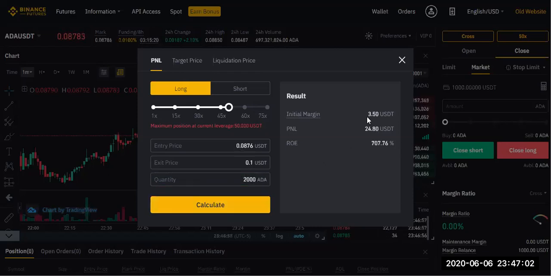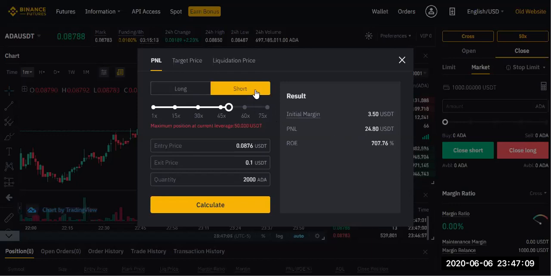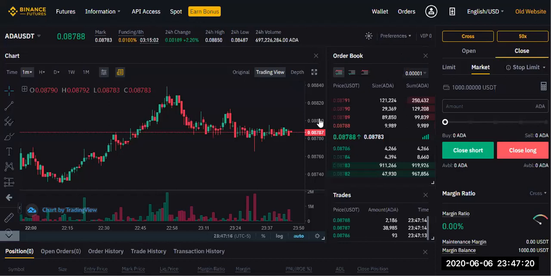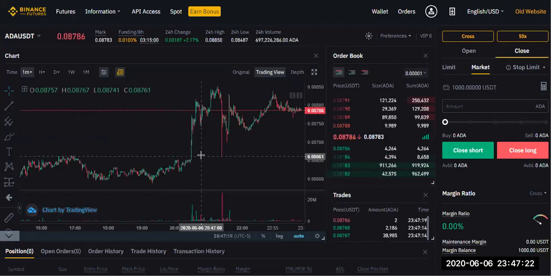That means you put $3 there, you come out with $24.80 USDT. Now if you were going short, you would lose that. You would lose 700+%. So that's just showing you what you will be looking at. Very useful calculator. And so when you are analyzing these charts and everything, that is what we're looking at.